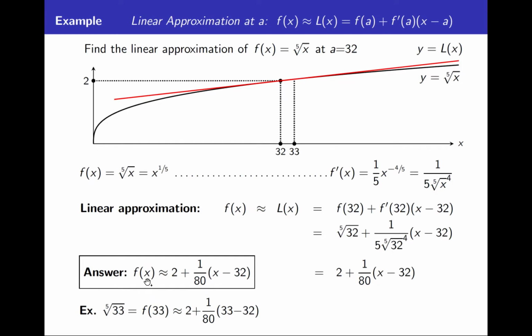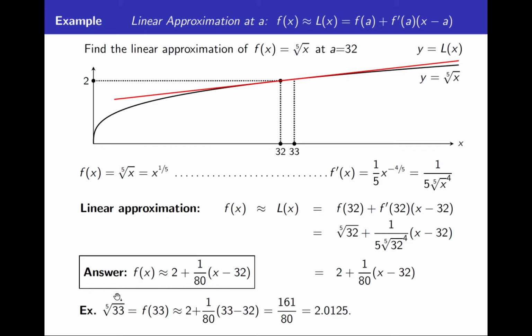And by our linear approximation, that's very close to 2 plus 1 over 80 times x minus 32. And here x is 33. So that's 1 over 80 times 33 minus 32. And that's really simple to work out. 33 minus 32 is 1, so we just get 2 plus 1 over 80. That's 160 over 80 plus 1 over 80, or 161 over 80, which works out to be 2.0125.